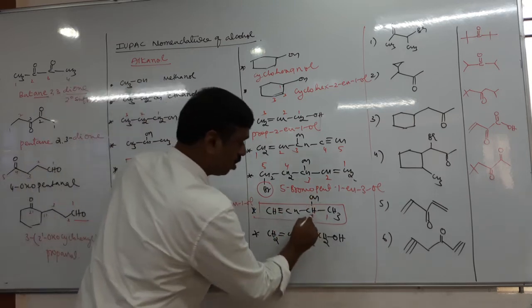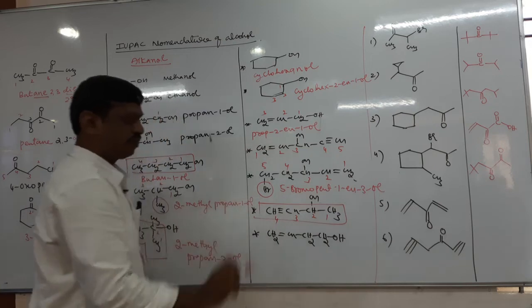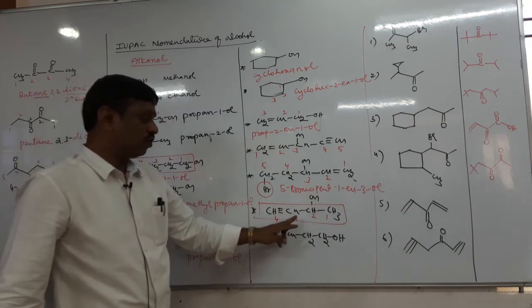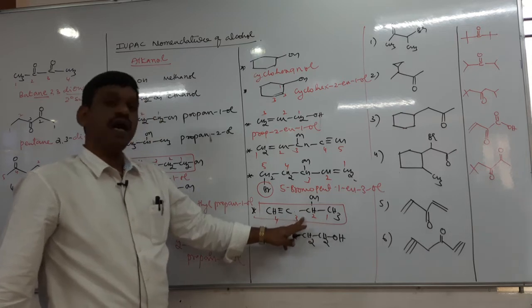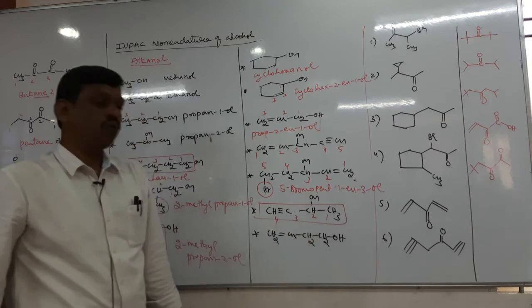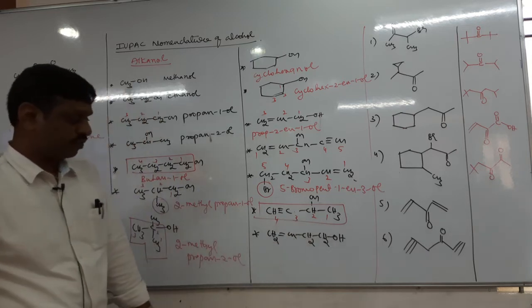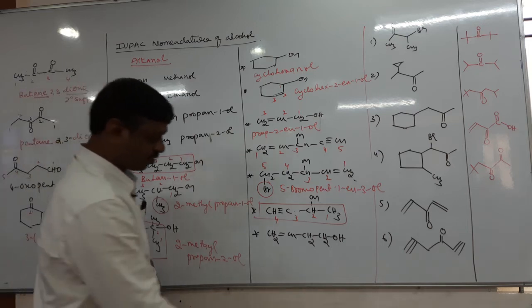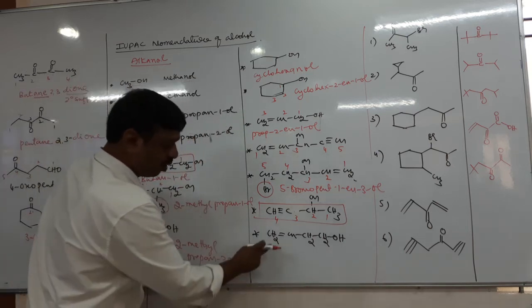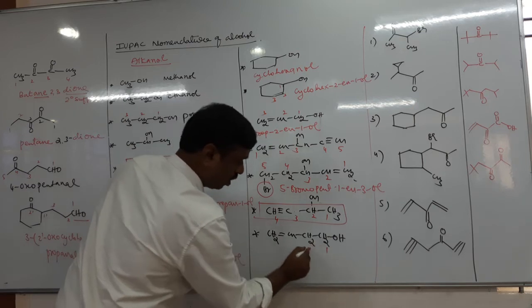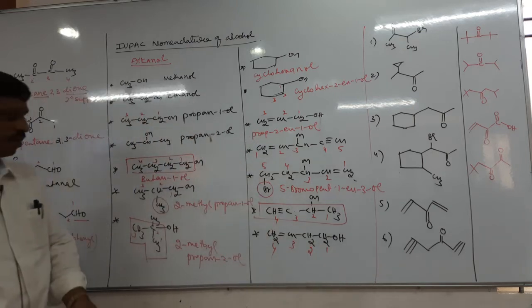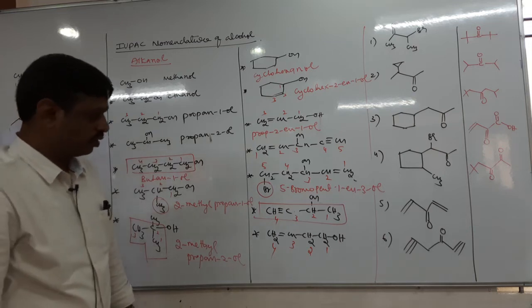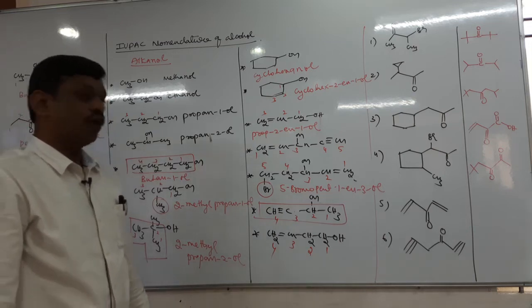It is 1, 2, 3, 4. So therefore, it is but-3-yn-2-ol. Right. Next, it is also the same. 1, 2, 3, 4. But-3-yn-1-ol.